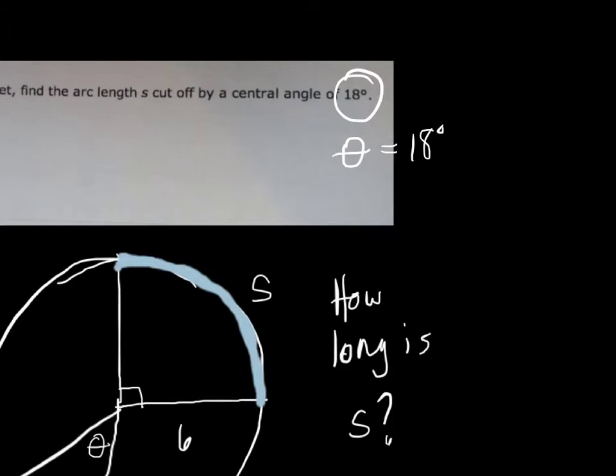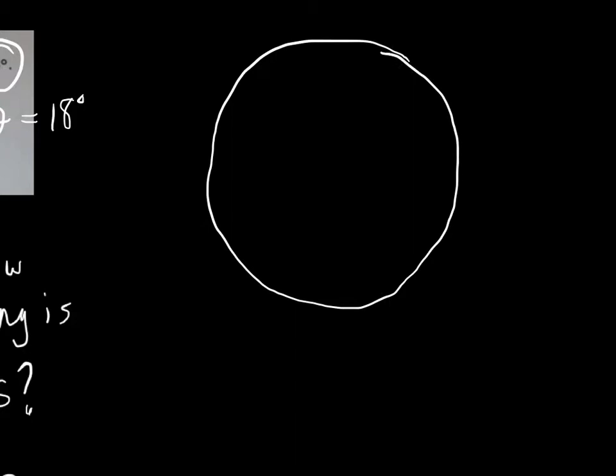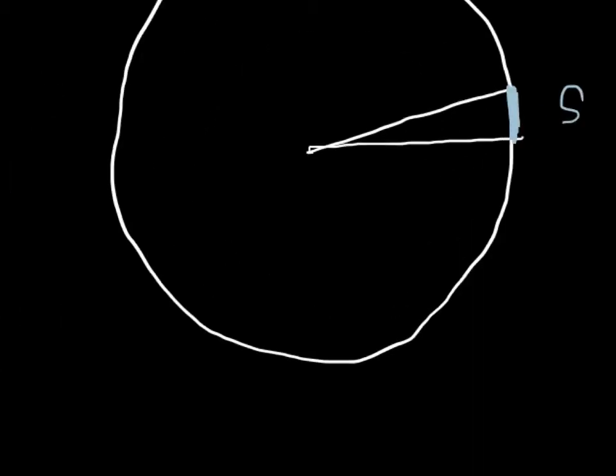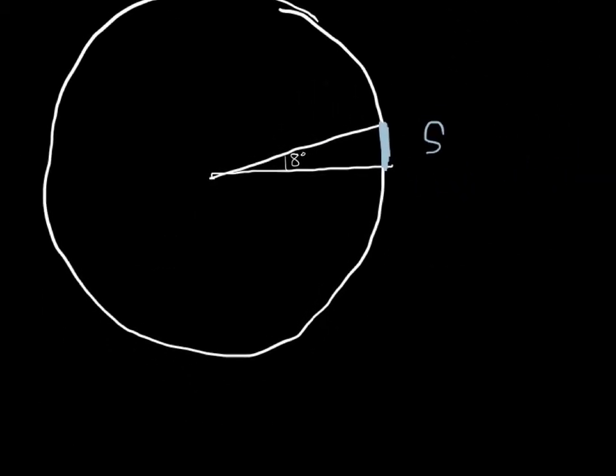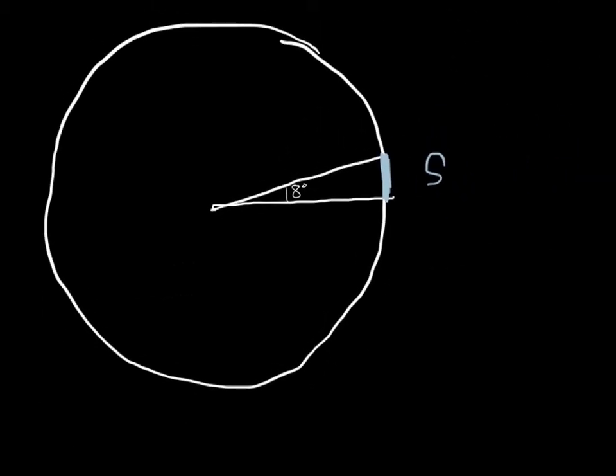Okay, so I'll draw a new circle for this one. Now 18 degrees is kind of small, right? Something like that. Okay, so we're looking for S, and this angle right here is 18 degrees.